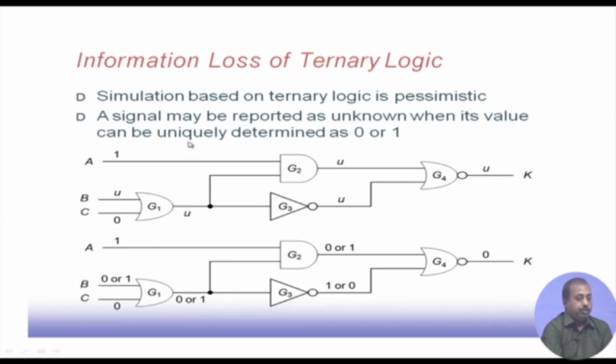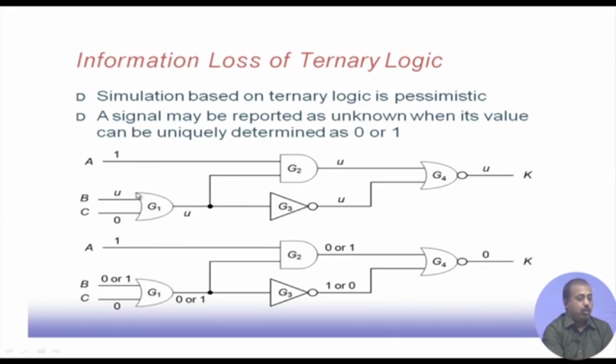Now, simulation based on ternary logic is pessimistic. Why? A signal may be reported as unknown when its value can be uniquely determined as 0 or 1. So, here, if we follow this circuit and suppose the values are 1, U and 0, this is unknown.